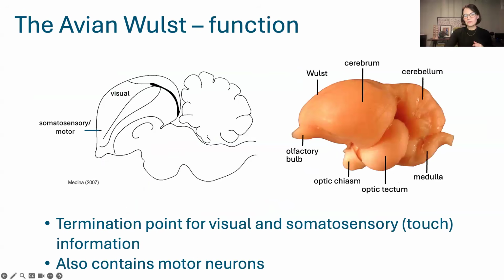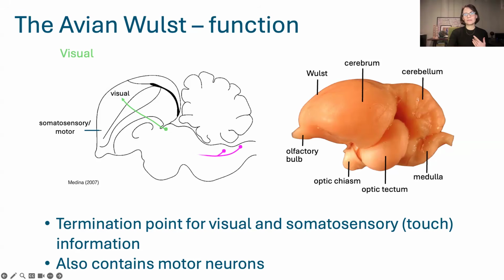And we do know something about the function of the Wulst in living birds. It has a region in the posterior, or the back, that is processing visual information, and specifically visual information about orientation. In things like owls that have frontally placed eyes, it's processing three-dimensionality.